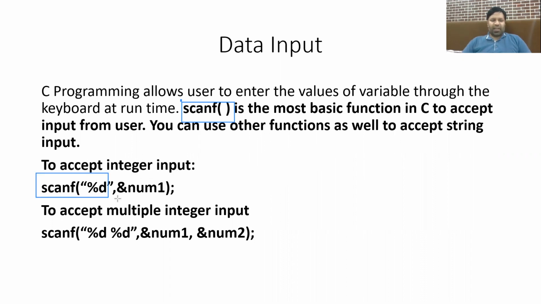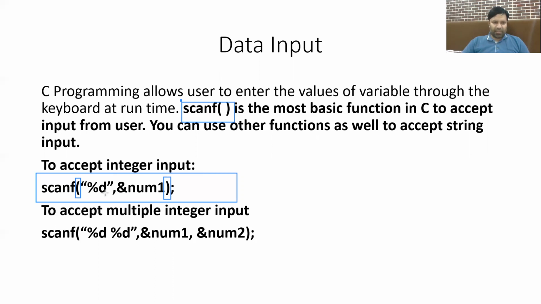So this is one statement that is used to accept the input of a variable called num. How do you write the syntax? scanf followed by a set of round brackets, and within the round brackets, first of all, you give the type of the variable for which you want to take the value, in double quotes.